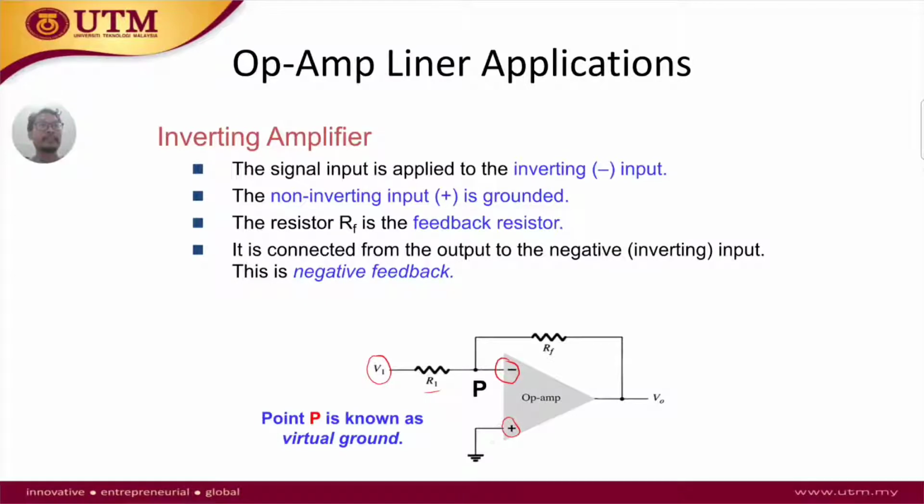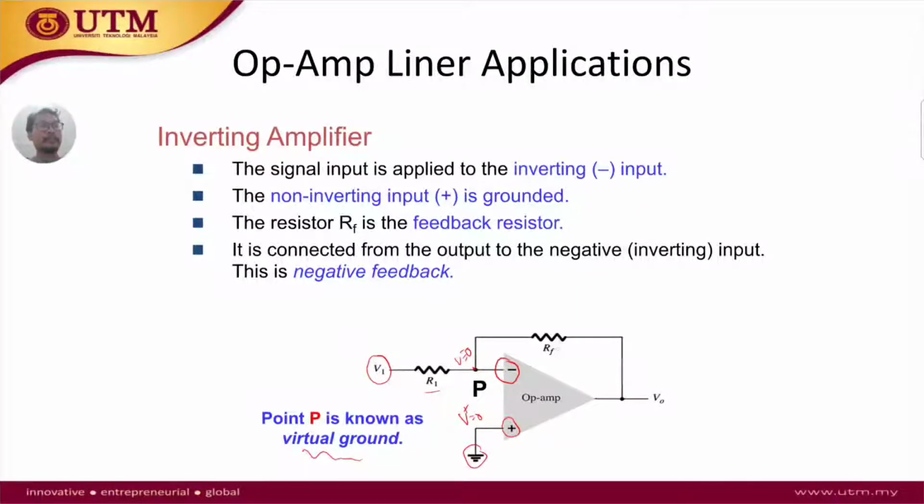The non-inverting input is connected to the ground terminal. So remember we have a virtual ground, which means that if V plus equals 0, our V negative is also equal to 0. So both are 0.